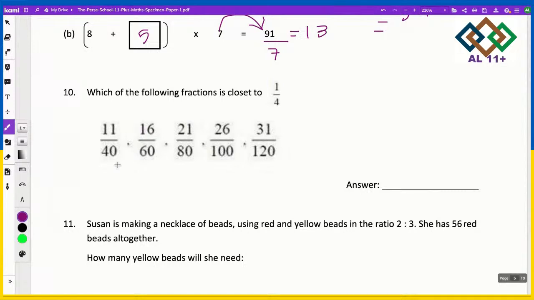So I'll do this one. This would be 1 by 60. I'll just do the ones I can do.